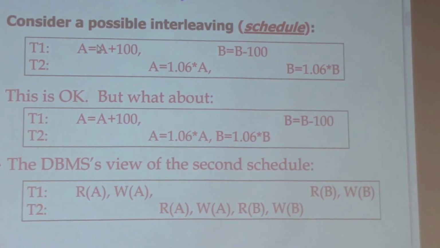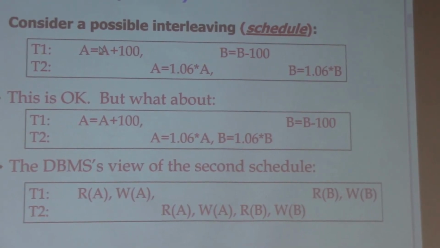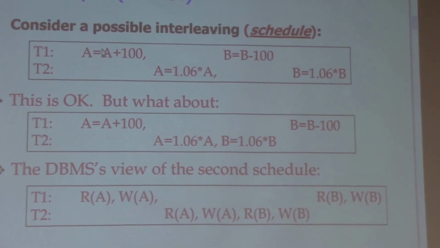And this is critical because this dramatically simplifies the problem we are dealing with. We no longer need to worry about, oh, it's a bank, it's $100, it's 6% interest. We don't care about all of this. We only care about reads and writes on some items, abstracted as A, B, C, D, or whatever, some symbol to represent the item you have in the database.